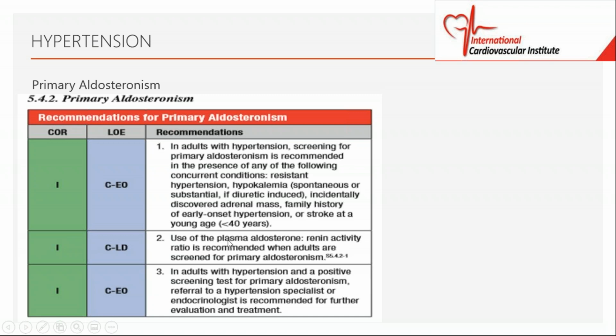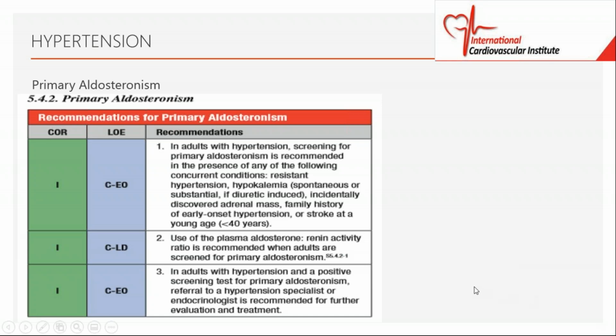The first thing you're going to do if you suspect primary aldosteronism, remember, primary aldosteronism is when the aldosterone level is high because there's an automatic production of this aldosterone, you're going to get a plasma aldosterone to renin activity ratio. That's the first test you're going to get. If it's elevated, then you do additional tests.